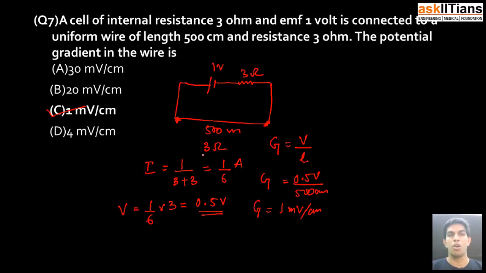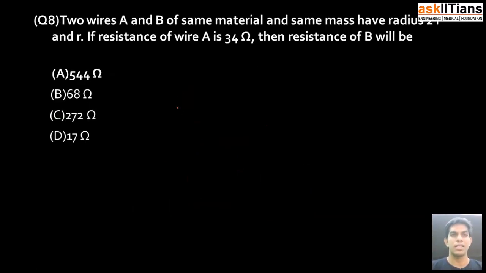So let's move on to the eighth question. It says two wires A and B of the same material and same mass have radius 2r and r. If the resistance of wire A is 34 ohm, then the resistance of B will be ___.